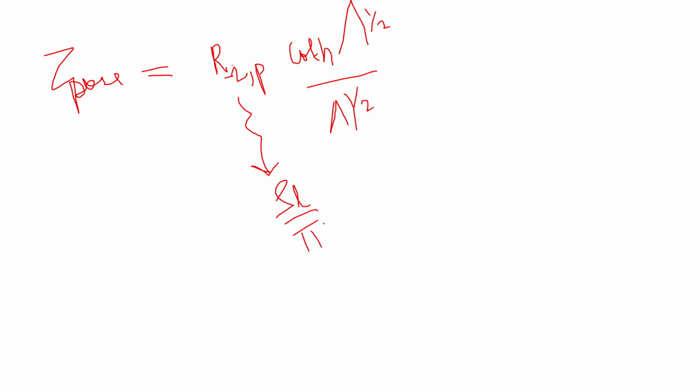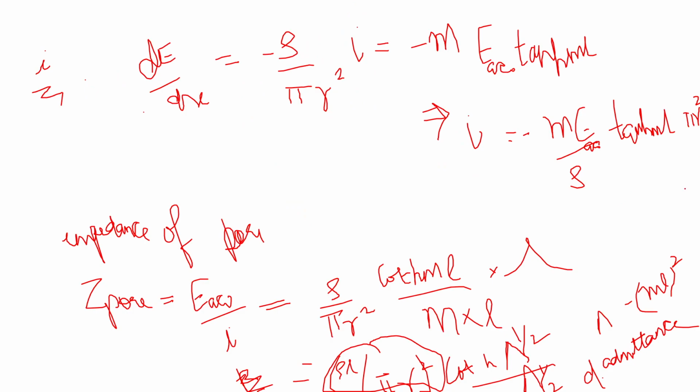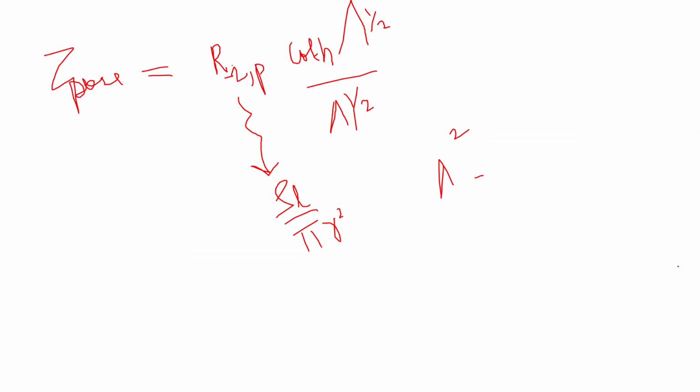So the assignments are based on these three, and one more is coming on the way. Now what is this del raised to 1 by 2? It is equal to ML, it's ML square.